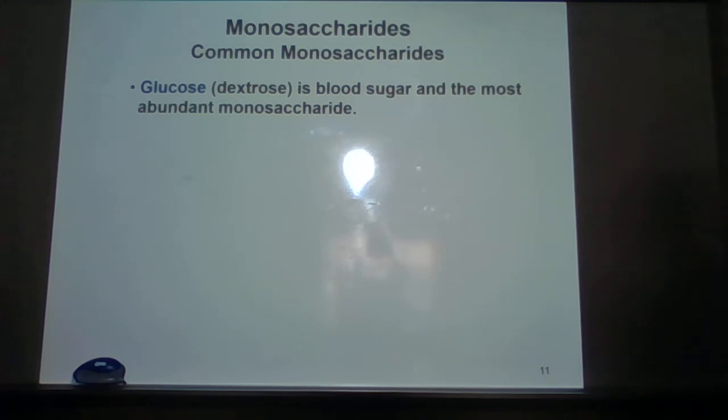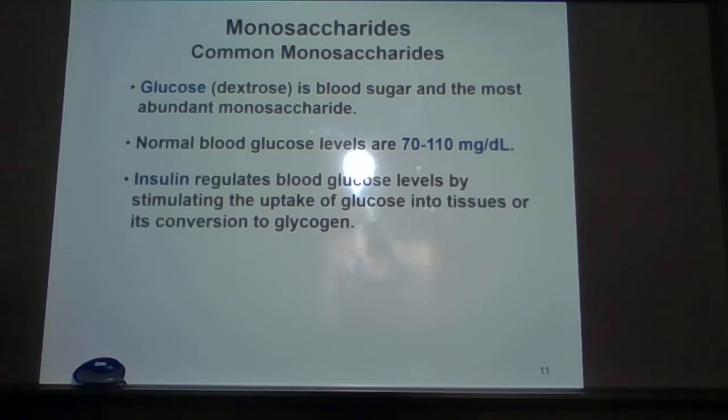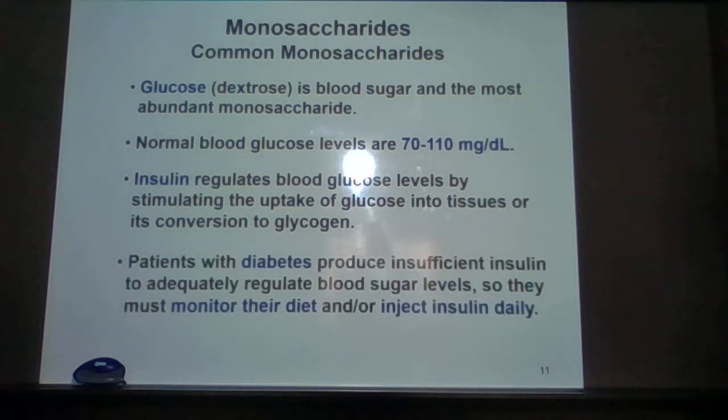Glucose, dextrose, is what is known as blood sugar and is the most abundant monosaccharide. Normal blood glucose levels are 70 to 110 milligrams per deciliter. The hormone insulin regulates blood glucose levels by stimulating the uptake of glucose into tissues or by its conversion into glycogen.